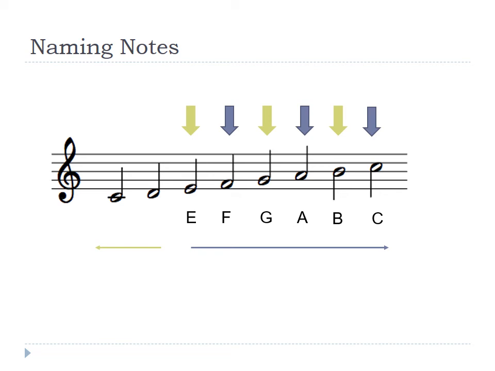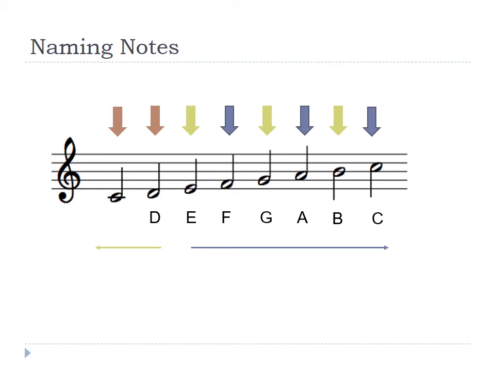So let's look at our letter E. What letter in the alphabet comes before E? A, B, C, D, E. So therefore, this note here must be a D, as it is just lower or just next to the E. Let's have a look at this note here now.